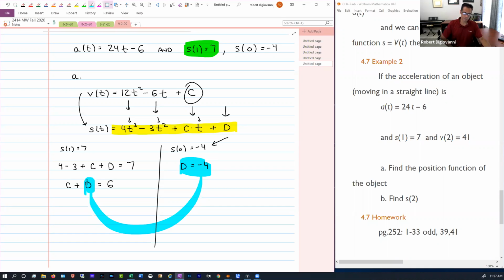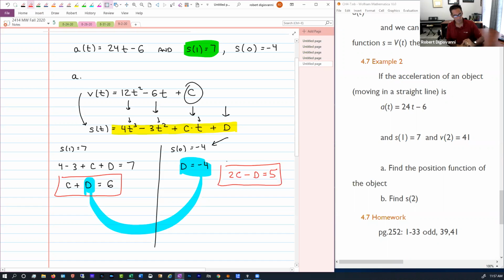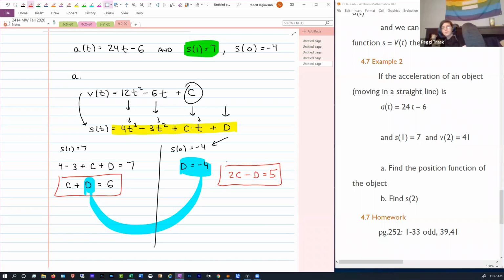Okay. I can already tell you there's a problem that you're going to run into, where you're going to have C plus D over here equals 6, and then over here you're going to have something like 2C minus D equals 5. And so what do you have there? 2 equations, 2 unknowns, right?